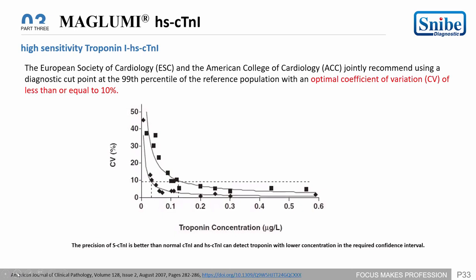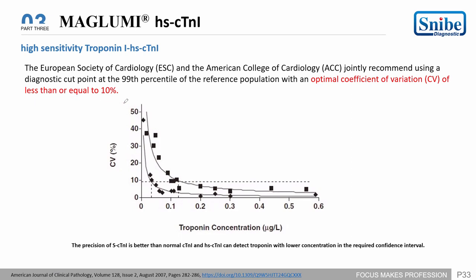If you go for a high sensitive troponin I, HSCTNI, according to the European Society of Cardiology and the American College of Cardiology, they jointly recommend using a diagnostic cutoff point at the 99th percentile of the reference population with an optimum coefficient of variation of less than or equal to 10.